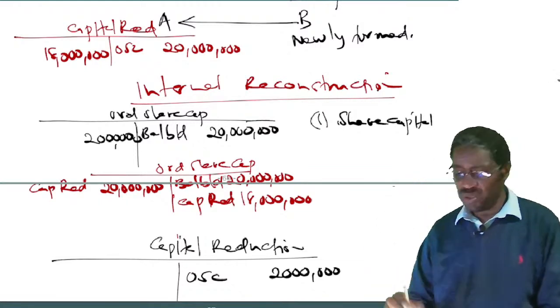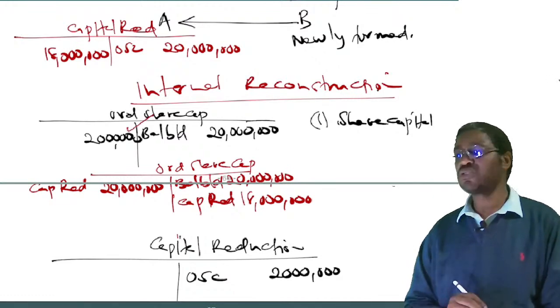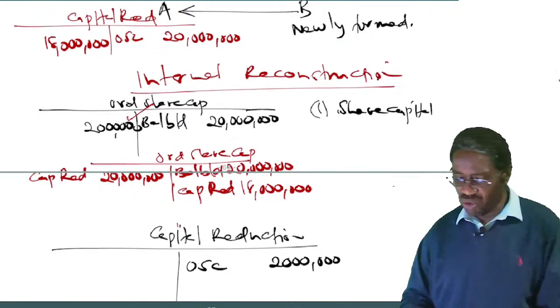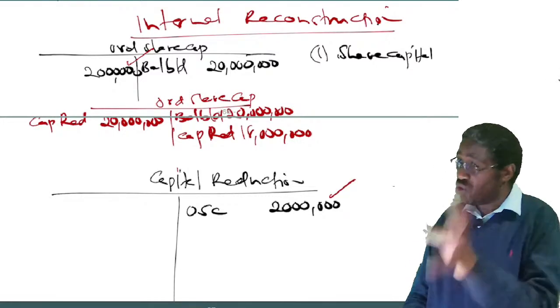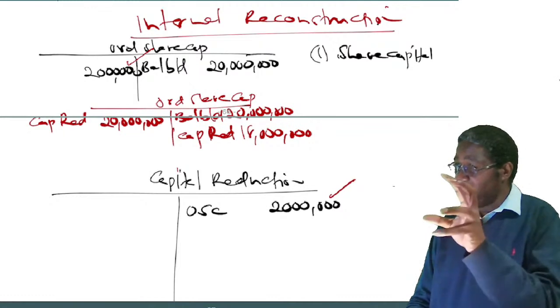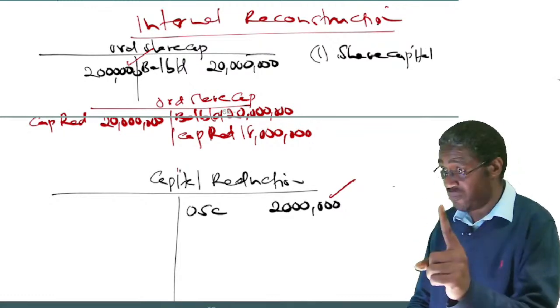I told you, you debit share capital and you credit this account called capital reduction. That's one way the question can be framed, where you are given the amount written off per share.